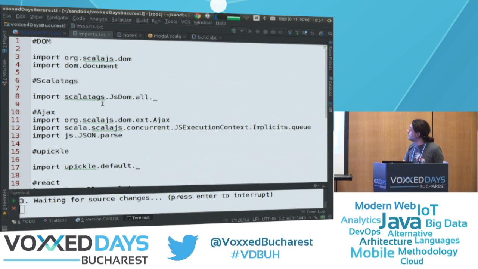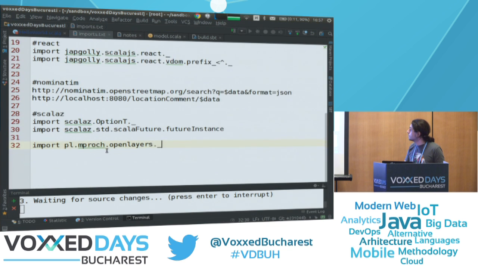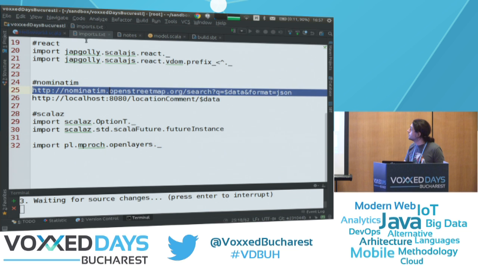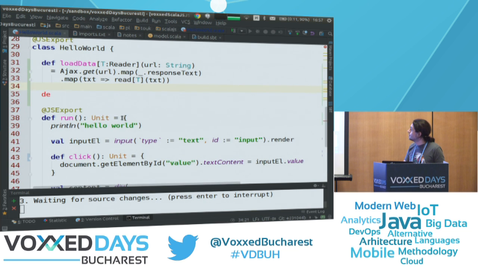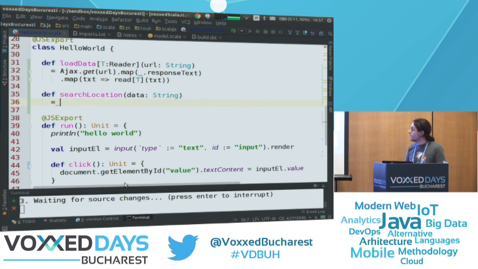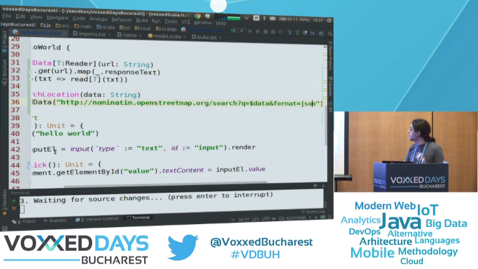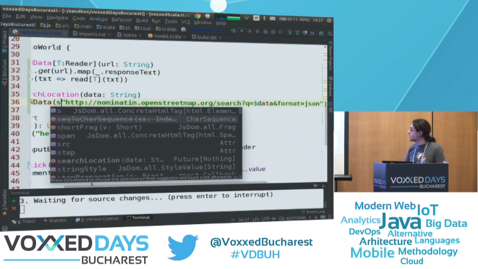Okay, so I have some prepared URLs because I wouldn't be able to remember all of that. And let's see. Search location. This will be our search string, and we'll make load data. Here I have to remember to interpolate the strings in Scala.